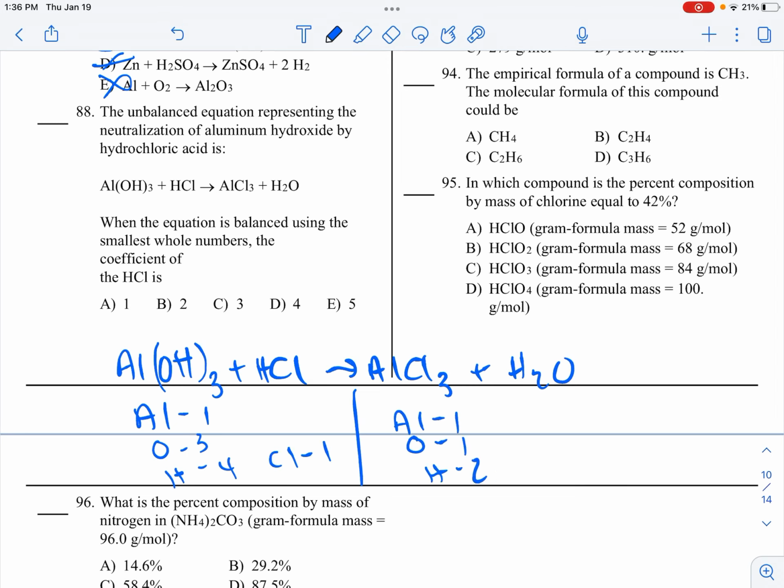So, again, I don't know if this is going to work right off the top, but chlorine's 3. 3 and 3 is 6. That'll do it. So the coefficient of HCl is a 3.